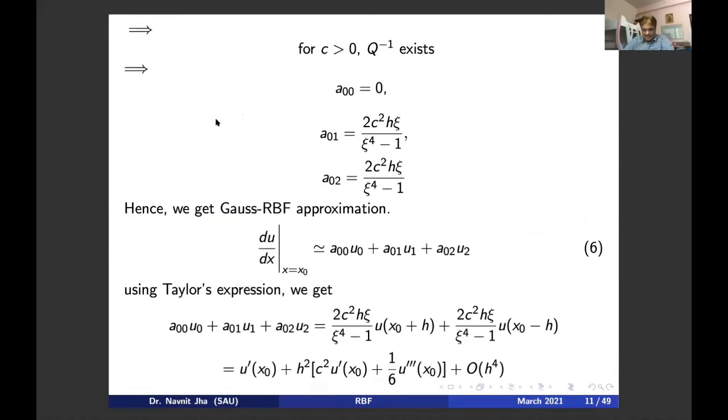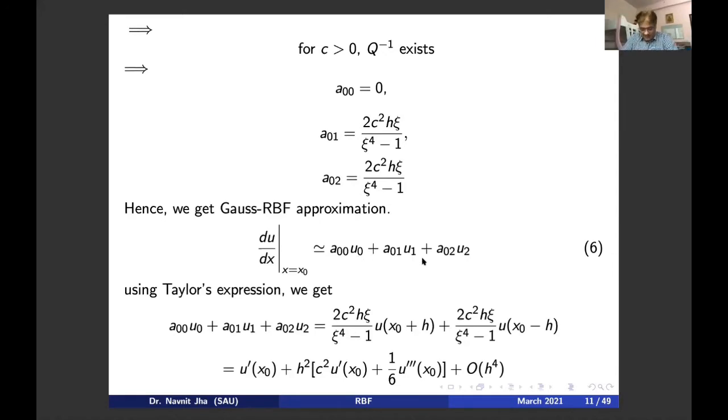Now, I have started with the linear combination A00 R0 at X0. That is basically the value of U at X0. R is basically the interpolating polynomial for the function U. So R0 at X0 is basically U0.